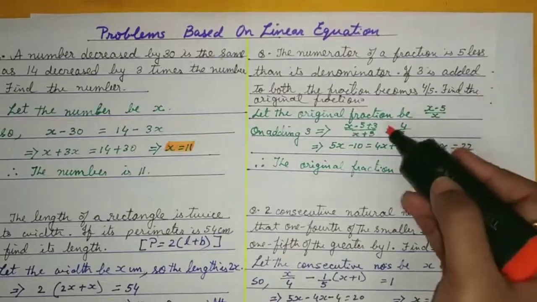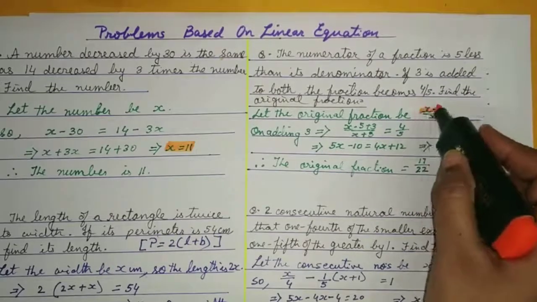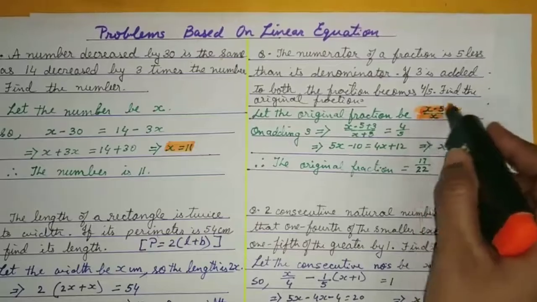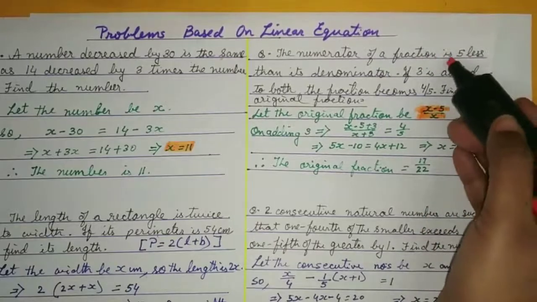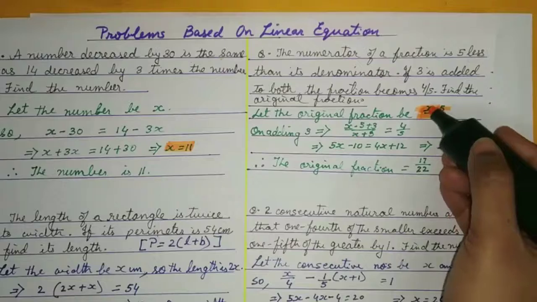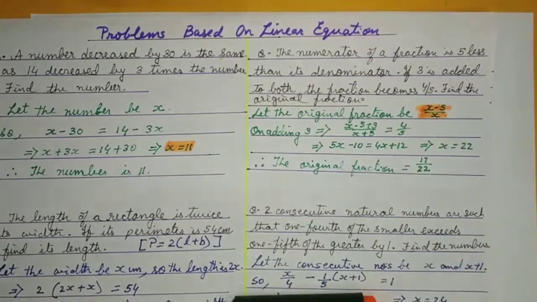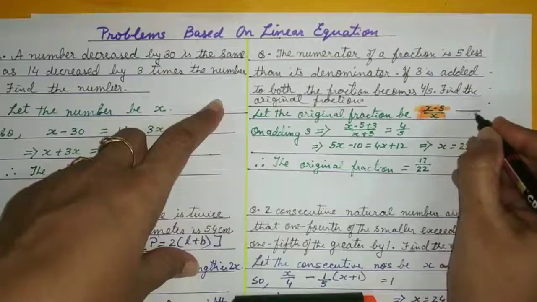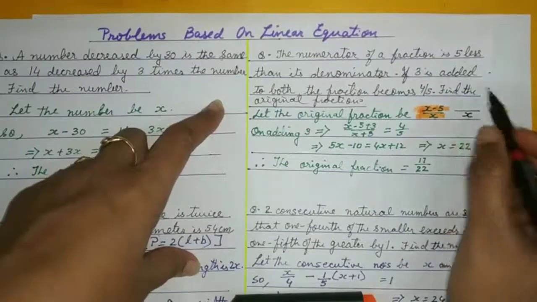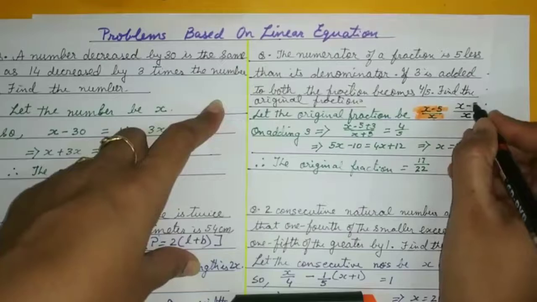So let the original fraction be (x minus 5) by x. How do we get this? From the question, 5 less than the denominator. So if the denominator is x, the numerator is x minus 5. So we know it very nicely that if we assume the denominator x, the numerator is 5 less, so it becomes x minus 5.